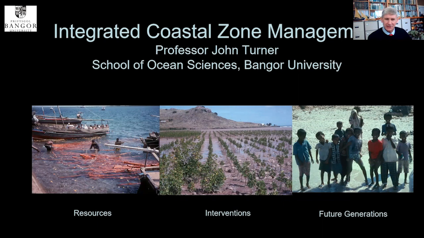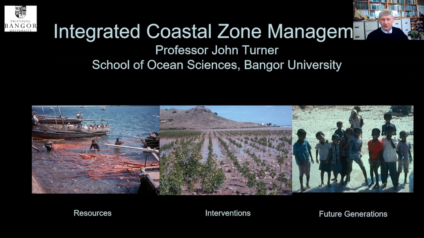Coastal zone management is about intervening and doing something. An example that we will come across during the presentation is actually planting mangroves to stabilize sediment, for instance. The whole purpose of coastal zone management is to ensure that the resources are available not only today, but for future generations.